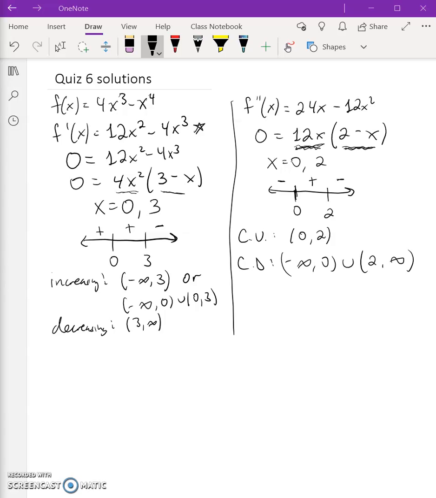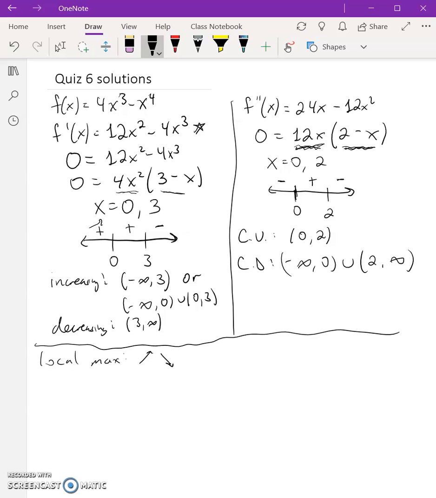Now if we go on to question 5, it looks for relative or local maximums. Remember, for a local max, the function has to go from increasing to decreasing. This function is going to be increasing, and then decreasing. So the only place that this happens is at x is equal to 3.